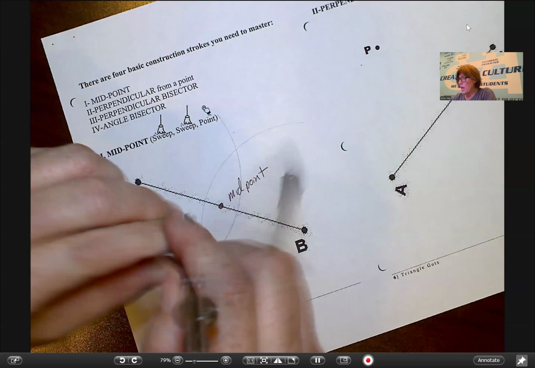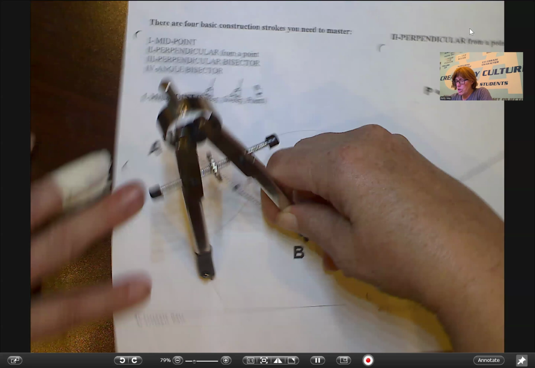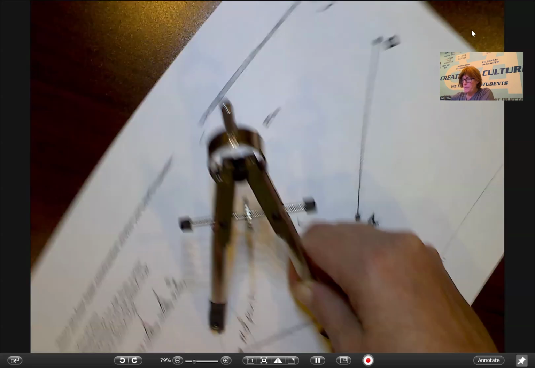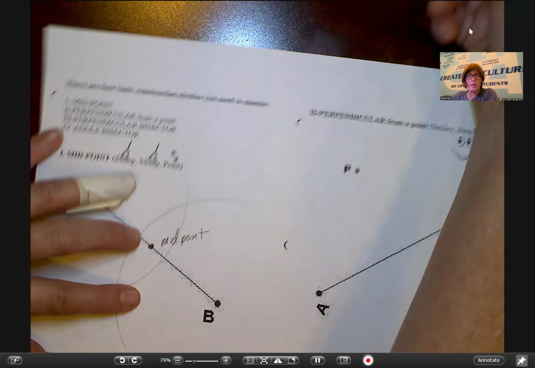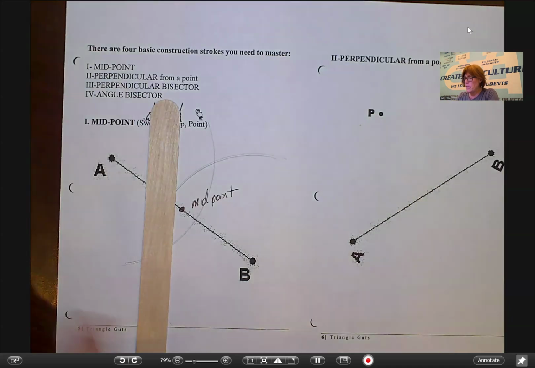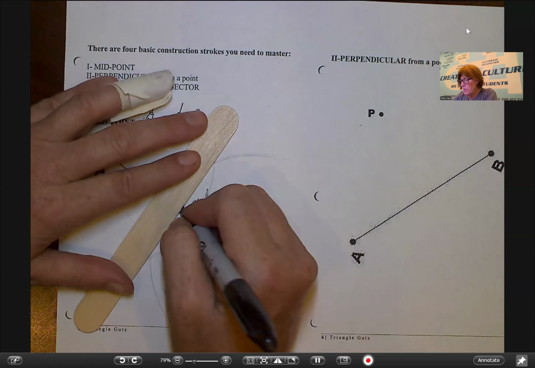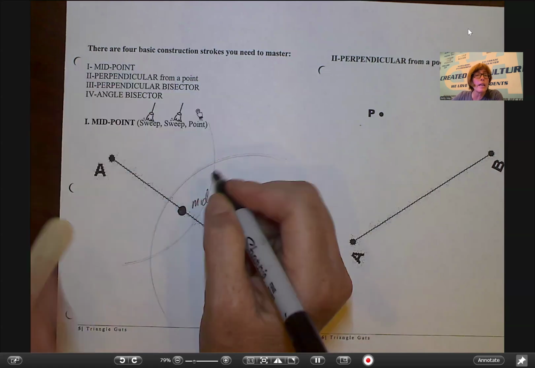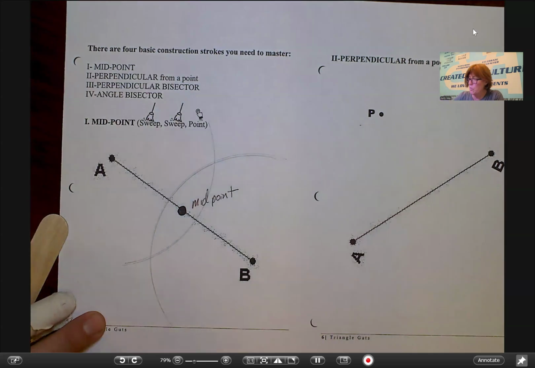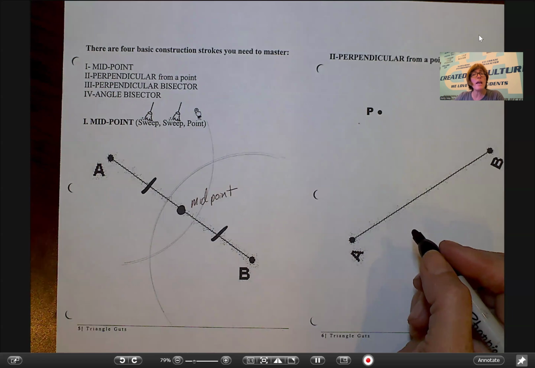Go to the other side, plant your pivot. Tilt and sweep your paper. So it's sweep, sweep, point. Line those up. Get your exact midpoint. And because it's a midpoint, you must add hatch marks. That's a midpoint.